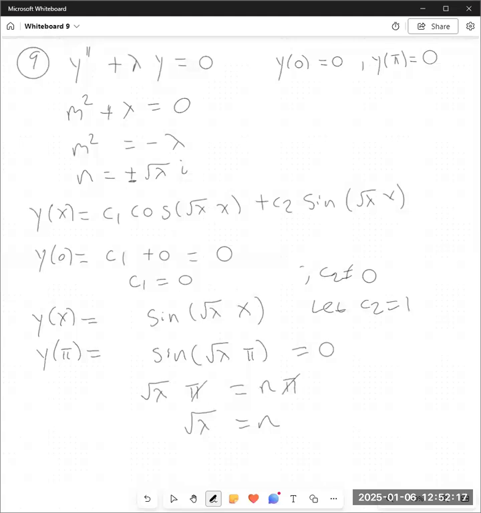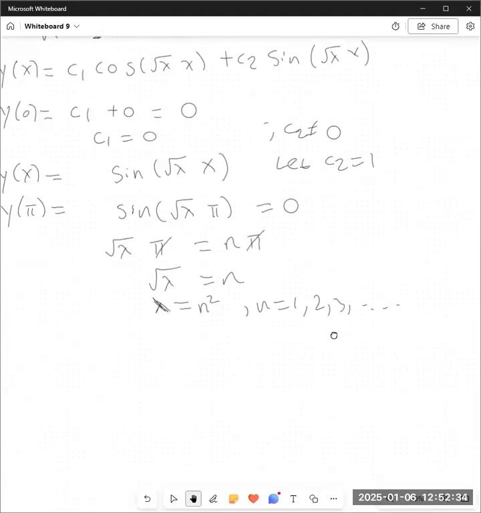So that means that lambda, my eigenvalues here, will be perfect squares, with n being 1, 2, 3, and so forth. So there'll be those perfect squares of 1, 4, 9, and 16, and so on.